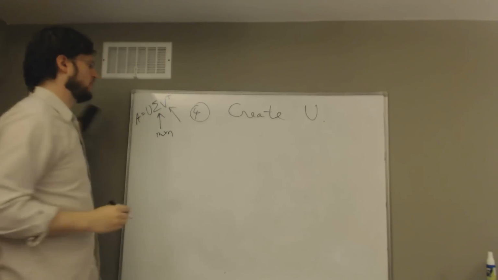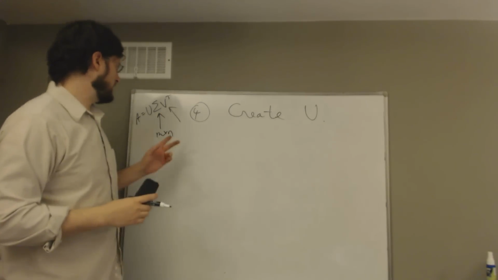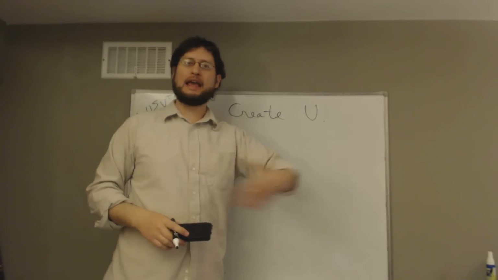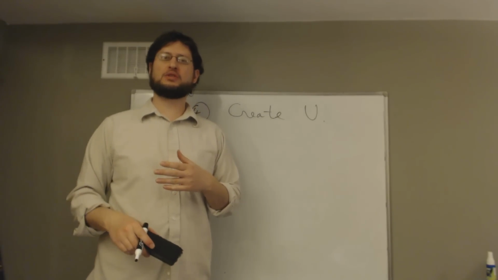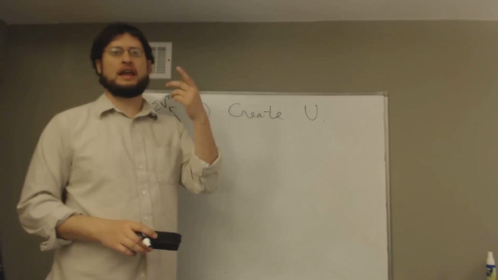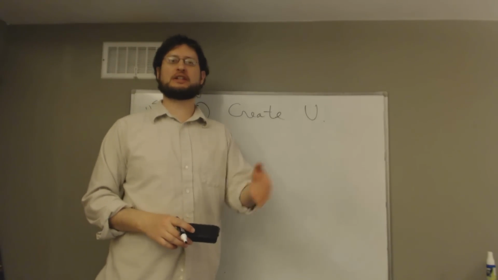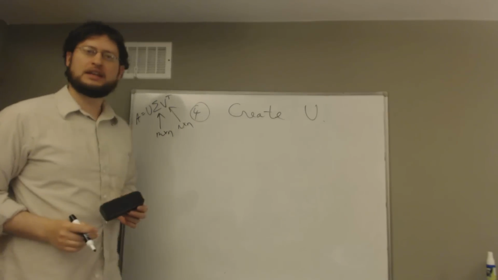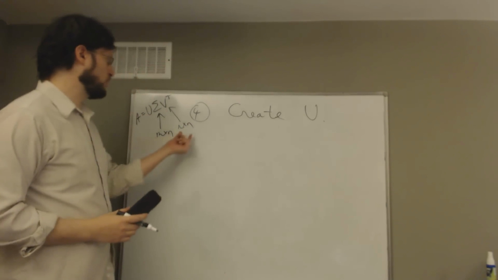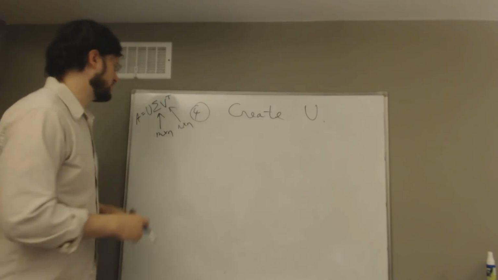Remember, V transpose is created out of n different eigenvectors, but they're eigenvectors corresponding to an n by n matrix, A transpose A, which means this is in fact n by n, a square matrix, and it'll be orthogonal, which means it's got to be square.